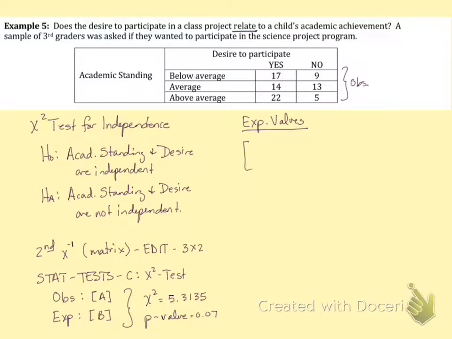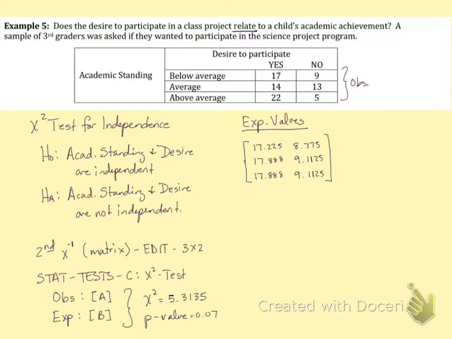So the expected would be 17.225, 8.775, 17.888, 9.1125, another 17.888 and 9.1125. There are ways that we can calculate this ourselves, but your calculator gives it for you.